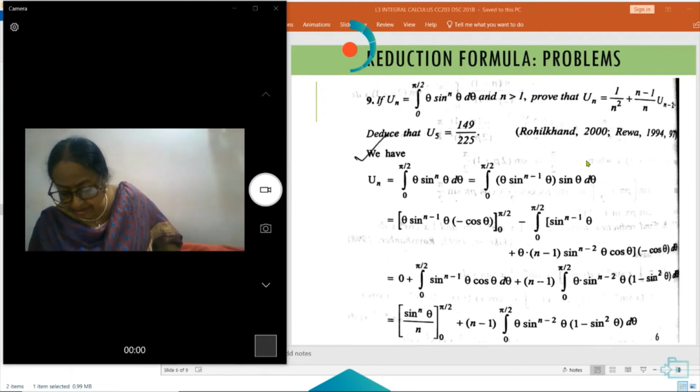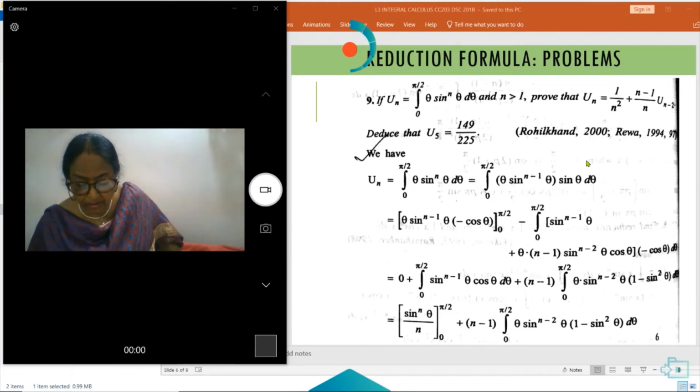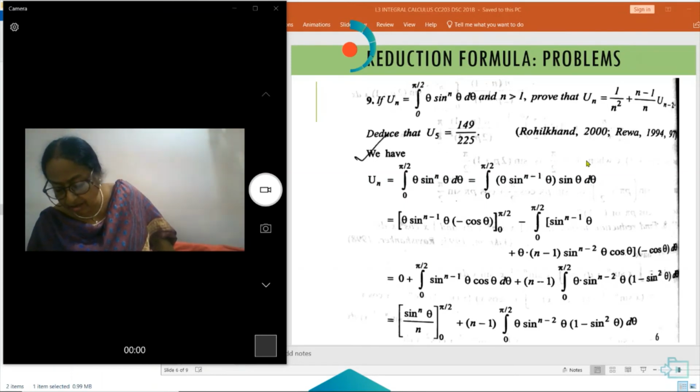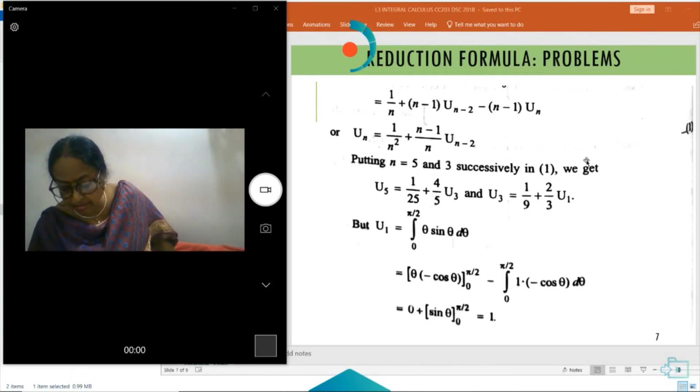So sine n theta by n, limit 0 to pi by 2 plus n minus 1 into integral of theta sine n minus 2 theta into 1 minus sine squared theta d theta, which can be written as 1 by n plus n minus 1 Un minus 2 minus n minus 1 Un.